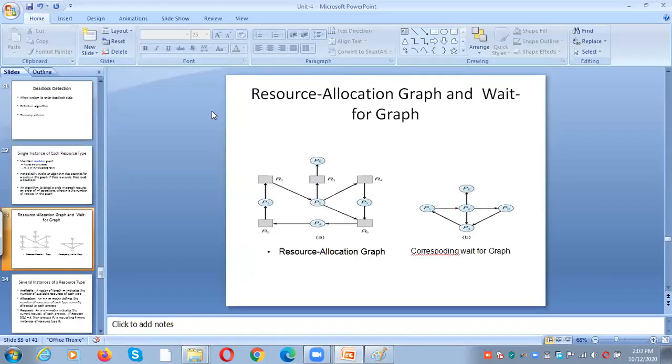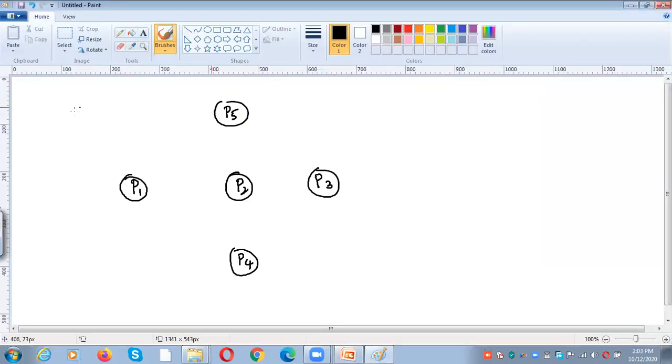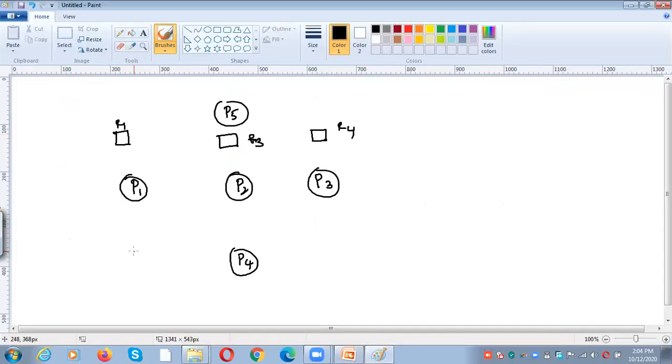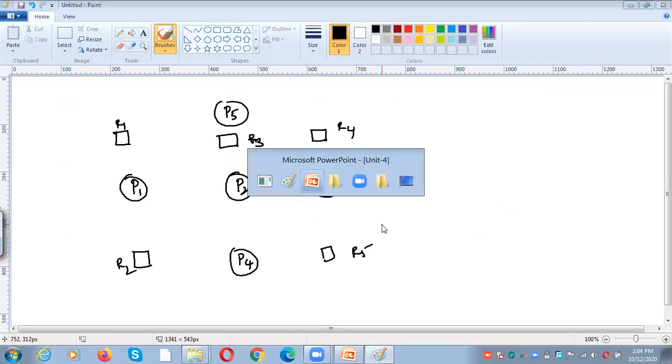And then the resources R1, R3, R4, and then R2 and R5. Then what are the directions?